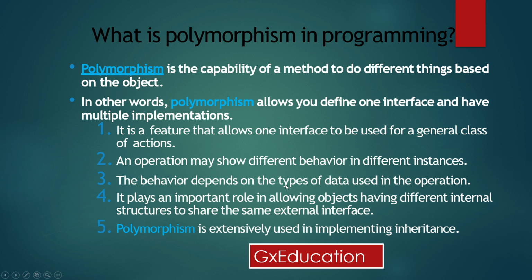The behavior depends on the type of data used in the operation, and also on the type of operation you perform and what type of data you use for that operation. It plays an important role. It allows objects having different internal structures to share the same external interface.